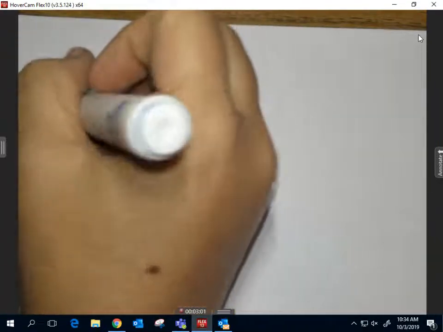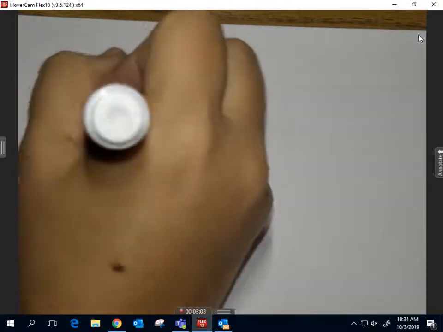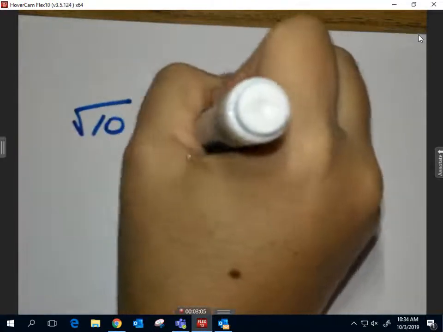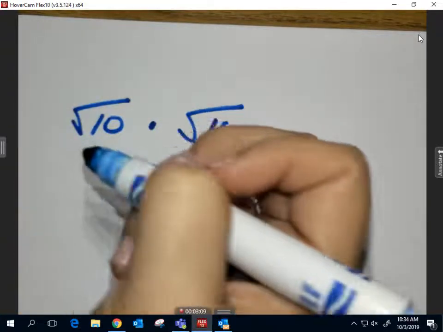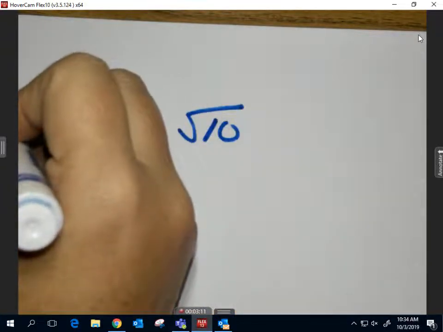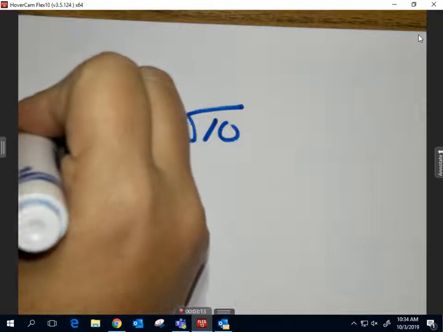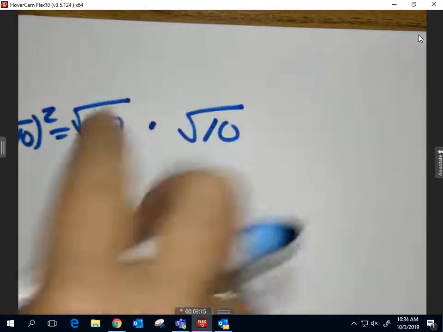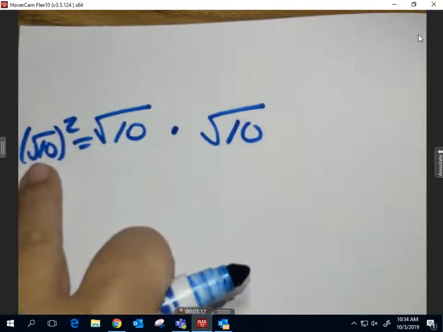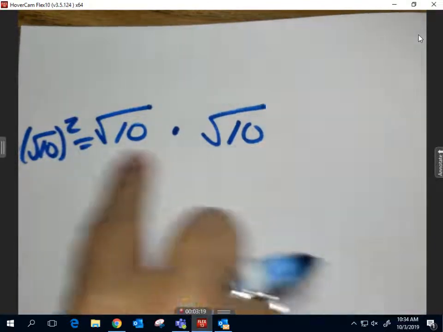What I want to show you is that if you have your calculator, put in the square root of 10 times the square root of 10, because that essentially is the square root of 10 squared, written out.